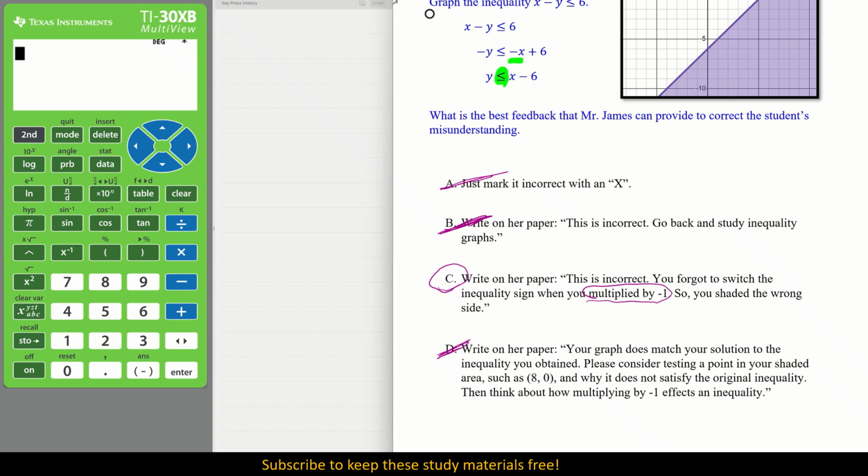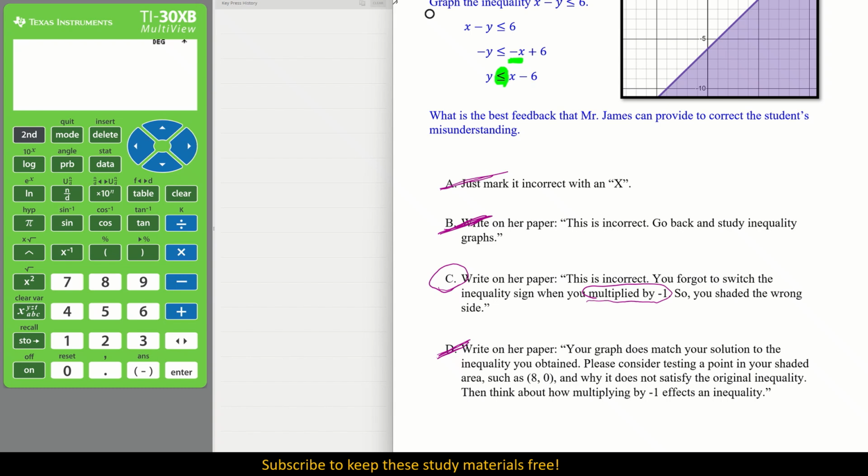I was trying to see how you could rationalize that at all, and it said, let me see what else it says, "and why it does not satisfy the original inequality. Then think about how multiplying by -1 affects an inequality." A student isn't going to read that.